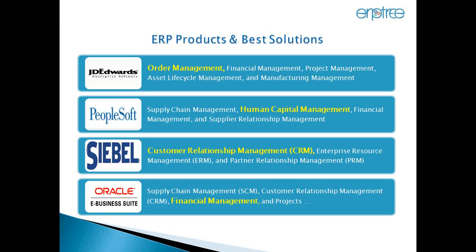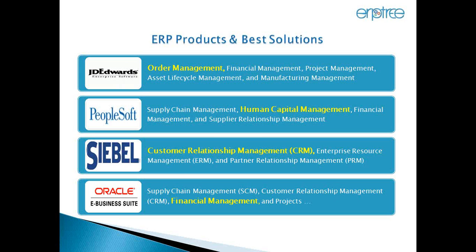If you look at JD Edwards as an example, order management is the best solution, though within JD Edwards there are many other areas doing well in the market. In PeopleSoft, the best solution is HCM, human capital management. From Siebel, CRM, customer relationship management, is very famous.